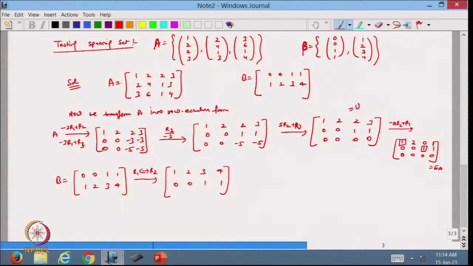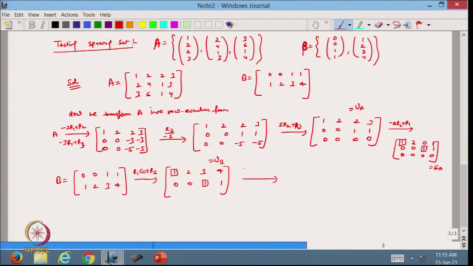So, this is already in the echelon form. This is the echelon form U of B, and then I will convert it to the reduced echelon form.